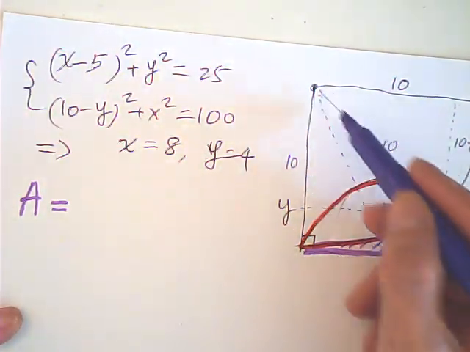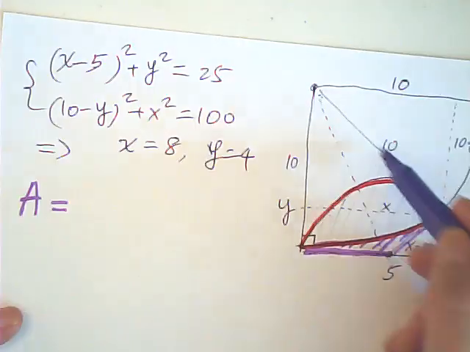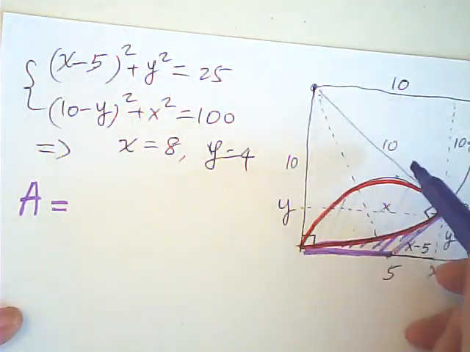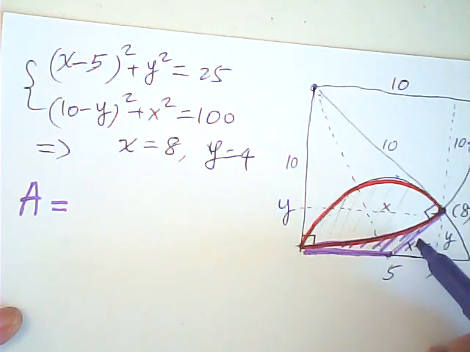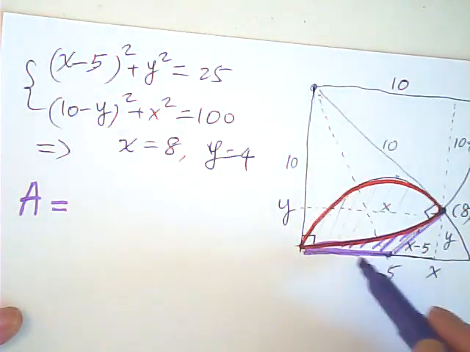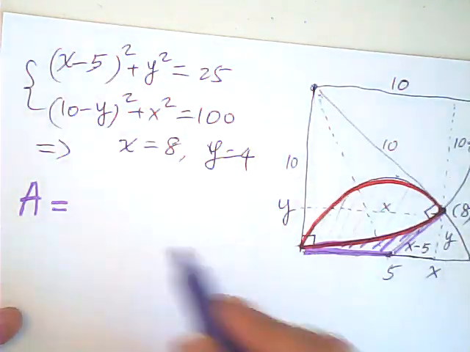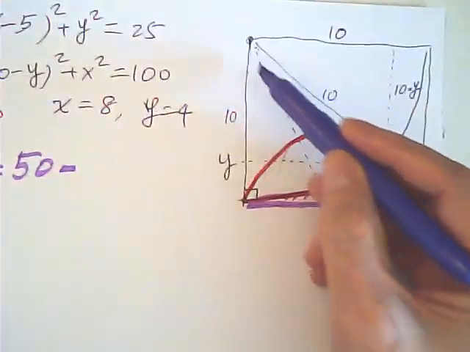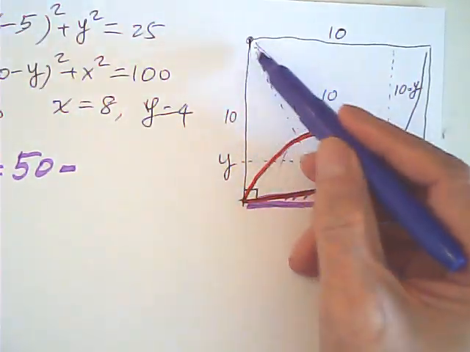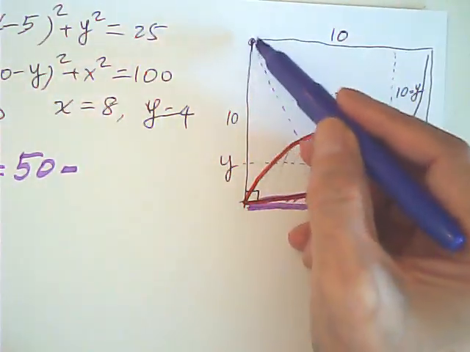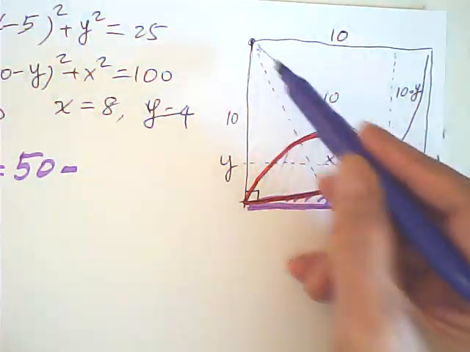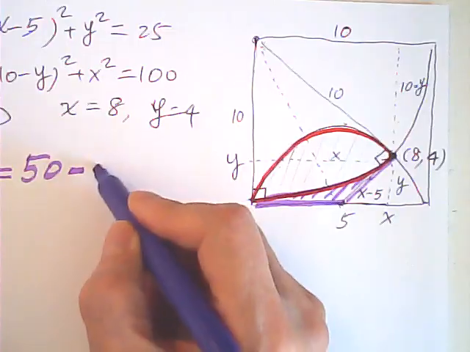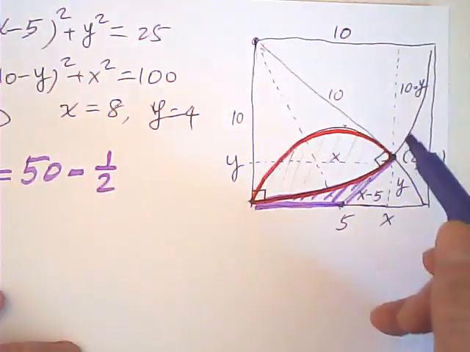This triangle's area is 10 times 5, half, which is 25. And therefore, this area is 50. Take away this circular sector.